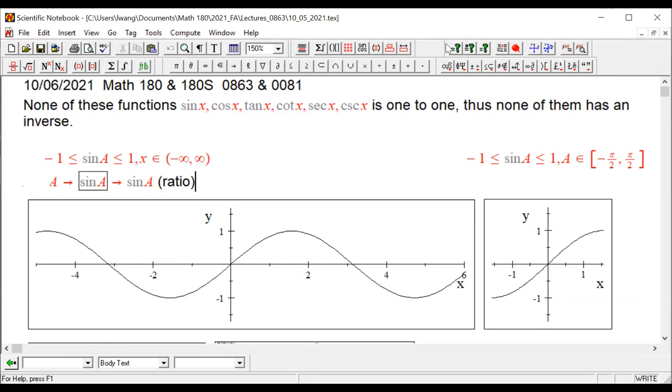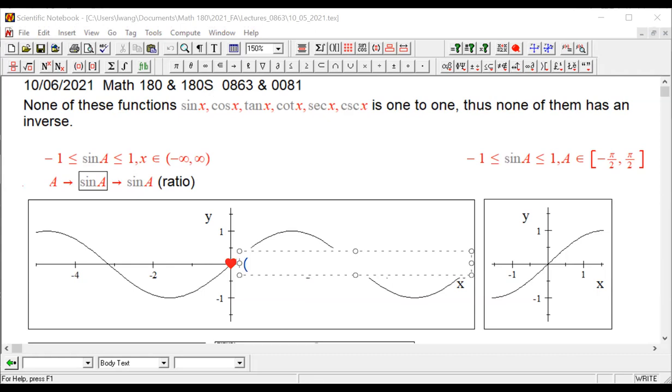We should be able to mark that point. What would that be? The angle is 0 and the ratio is also 0. And how about this point, and that point? Could you mark these 3 points for me?